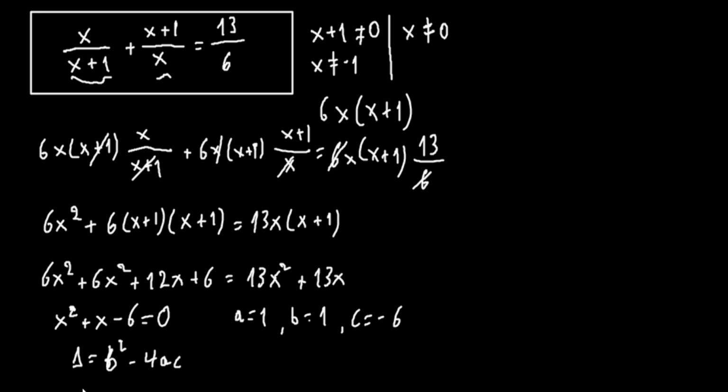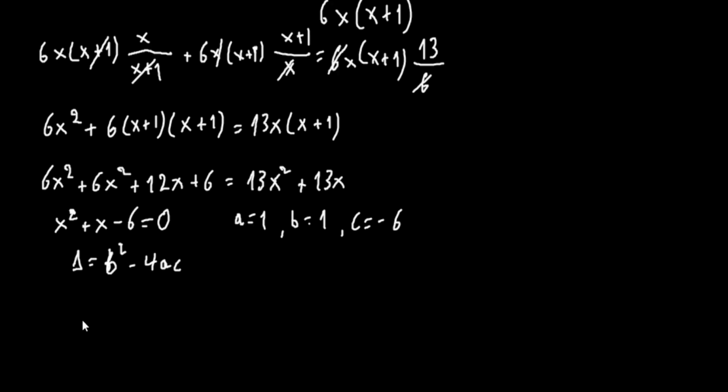So the discriminant is 1 squared minus 4 times 1 times minus 6. This is 1, this is 4 times minus 6 is minus 24, and minus minus is plus 24, so it is 1 plus 24, or 25, which is greater than 0.